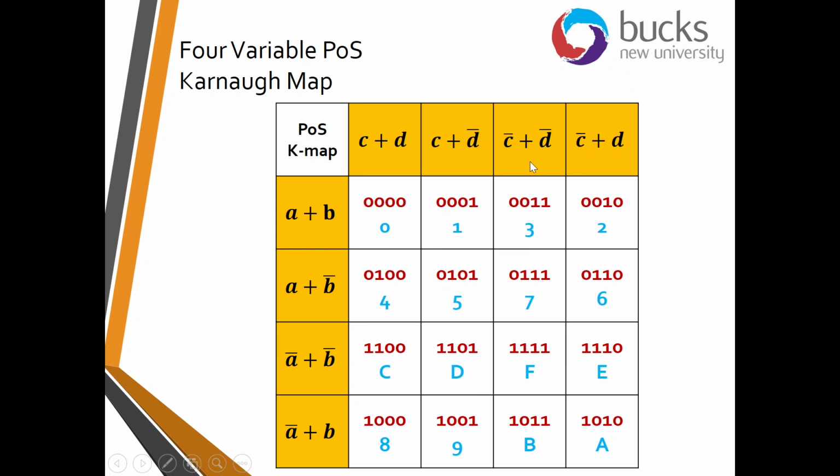So if you start off with this, you only have to really remember the corner variable positions, which are always, in the case of POS, without nots, but with ORs, and in the case of SOP, with nots. So they're all 0, 0 in this top left-hand corner, and if you do that, the numbering of the squares should always work out exactly the same. So right, left, right, left.